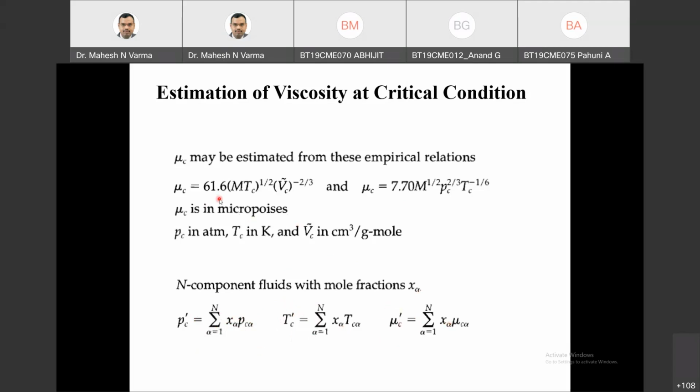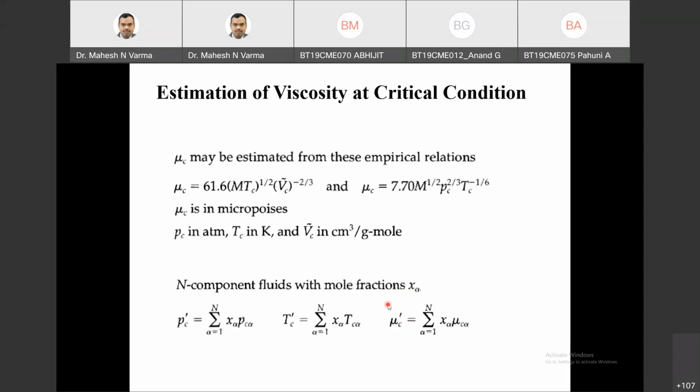I will get the viscosity of the pure compound using this, and then using mole fraction as a weighting factor, mole fraction multiplied by critical viscosity. This is just an algebraic summation used to get the property of the mixture. So using mole fraction as a weighting factor, I can get the critical pressure of a mixture, the critical temperature of a mixture, and the critical viscosity of a mixture.